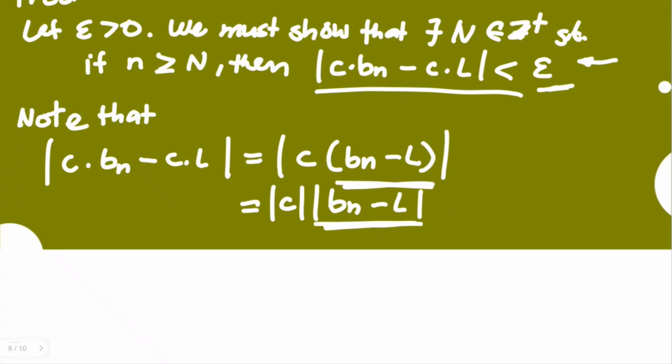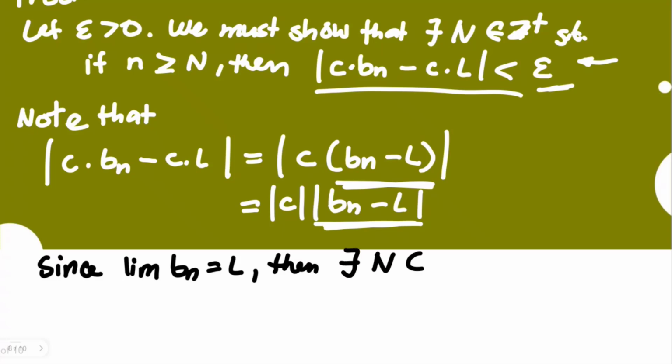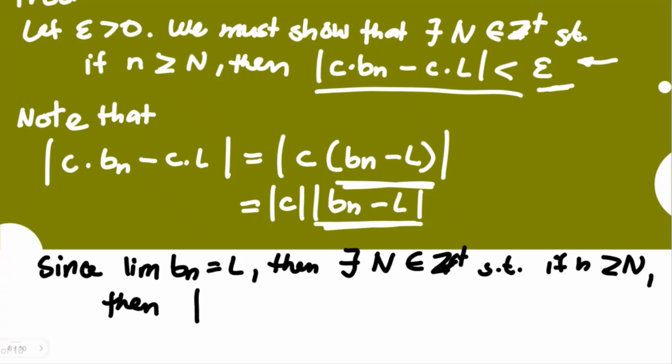So since the limit of b sub n is equal to L, then there exists N, which is an integer, such that if n is greater than N, then we will have the absolute value of b sub n minus L be less than, let's say, an expression where later on, when combined with this, will return to our epsilon. In the previous videos, using sum and difference, we were able to use epsilon over 2 because there are two of them. Okay, what do you think would be the proper form here?